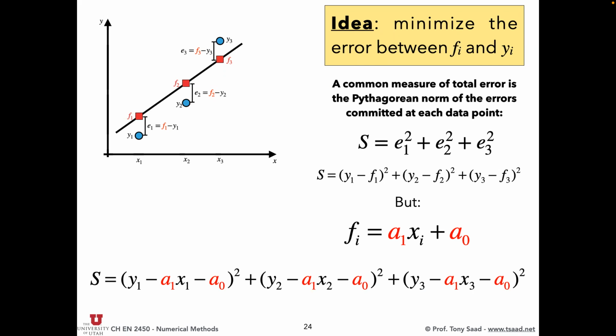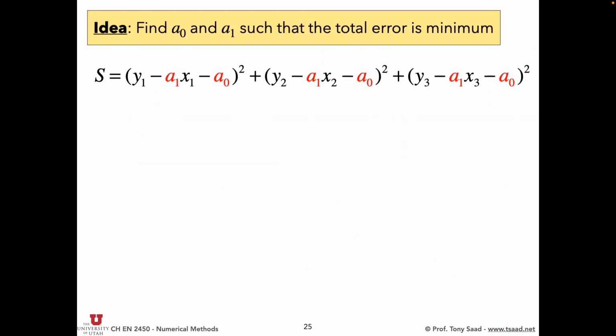That representation of the error contains those two knobs. So now what we can do is find A0 and A1 that minimize S, that aggregate error.